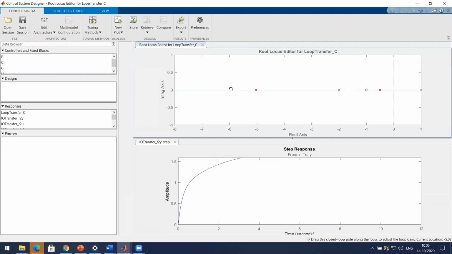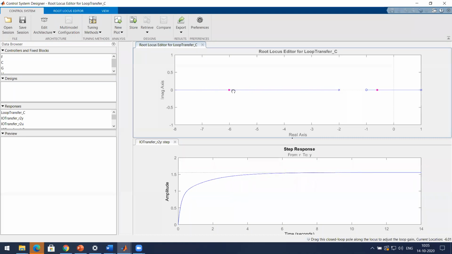So what the state space model gives you is an option to place the poles anywhere you want. Root locus limits the desired pole positions. If I want to place this pole on the real axis, it is possible with root locus.